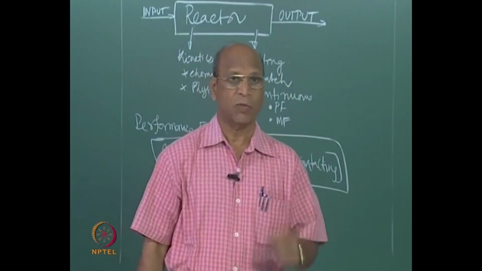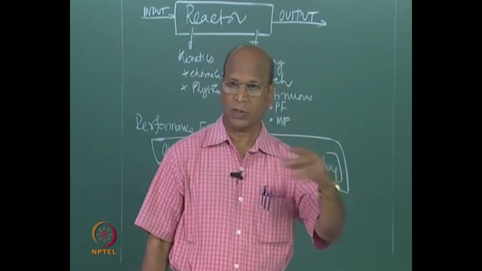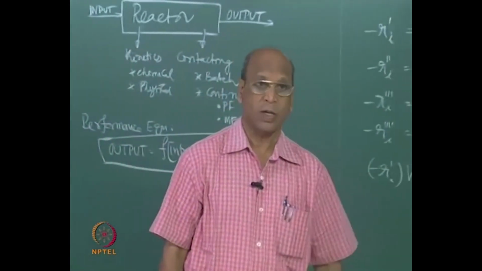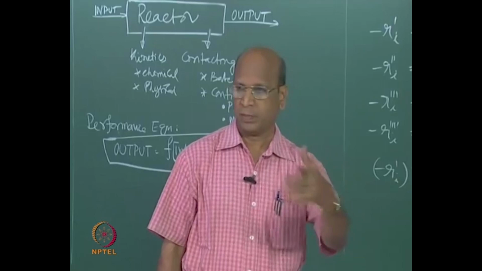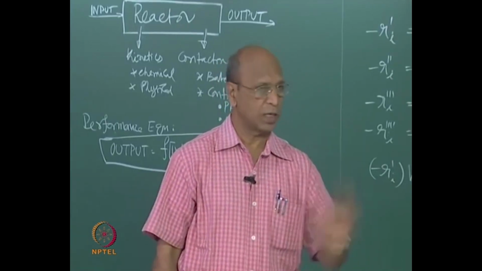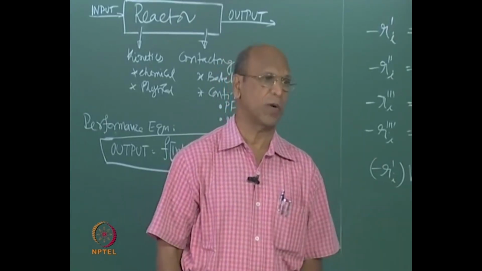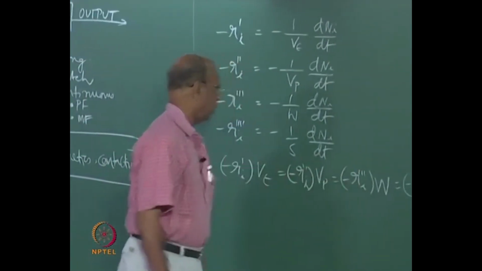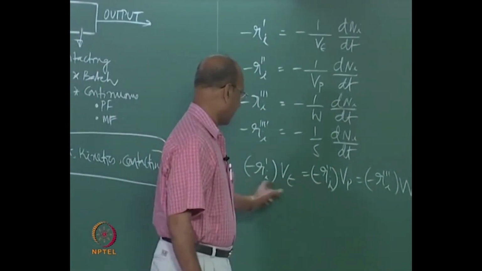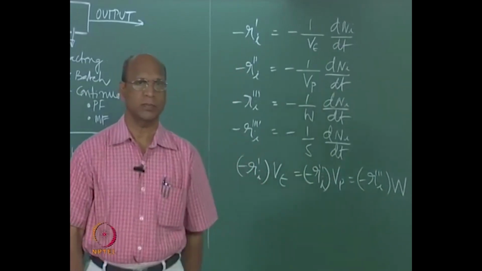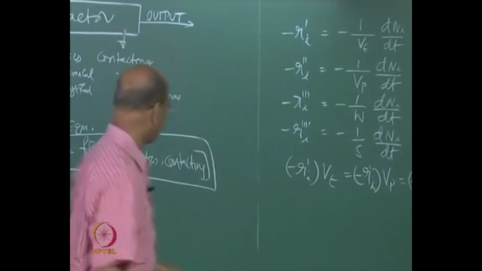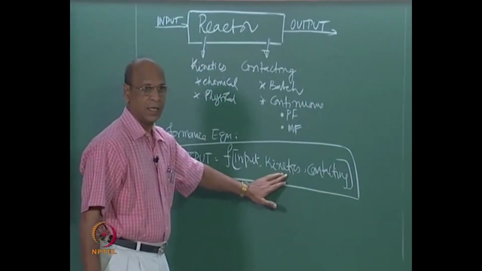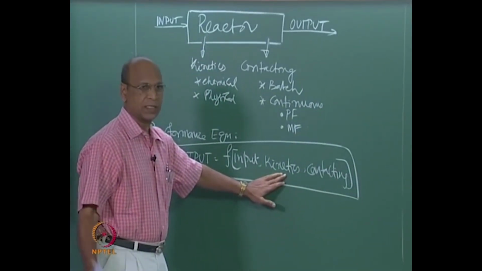Every paper gives a different one: some give surface area, some give weight of the coal, and some give it on the voidage of the bed. So there are so many things, and it is very difficult to convert. Unless you have clarity here, you will make a lot of mistakes in defining the rate itself, which is the basic parameter for our design expression, and which gives me the kinetics.